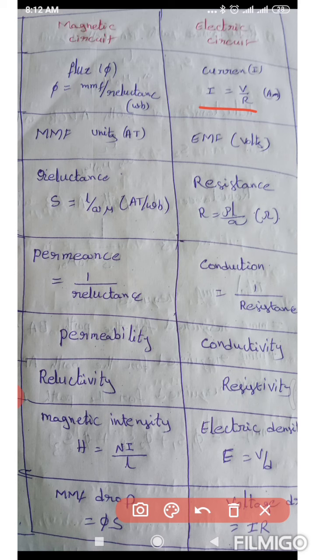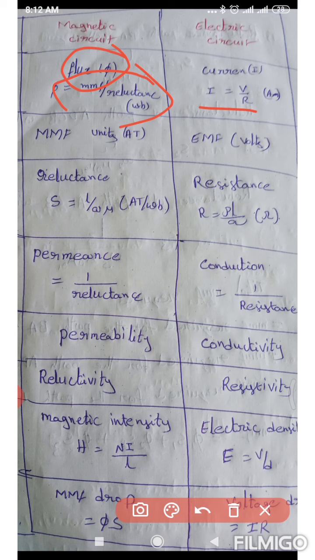Similarly, in the magnetic circuit, the entire circuit is circulated by flux phi. So in electrical circuit we are using current. Instead of current, in magnetic circuit flux phi is flowing through the entire circuit. Here phi is expressed as mmf by reluctance.